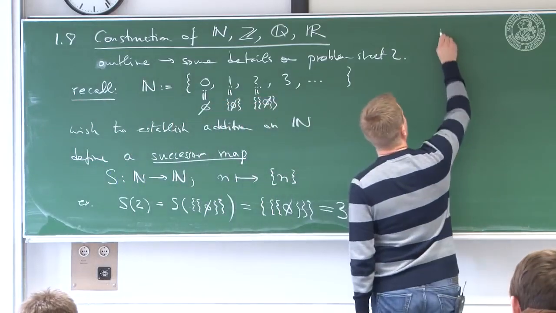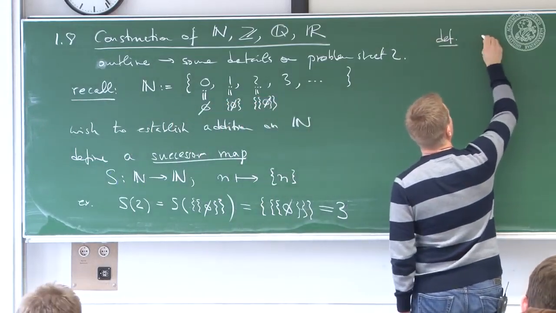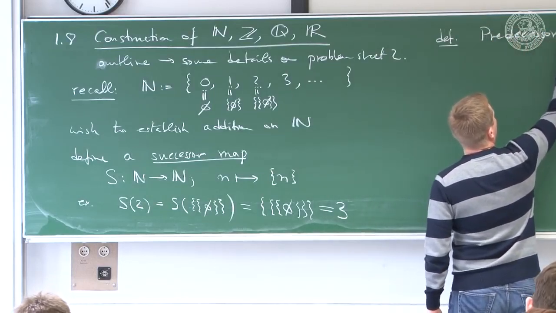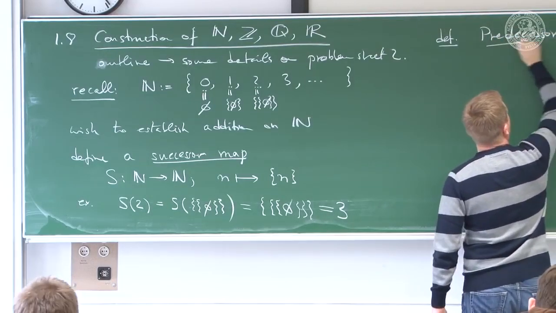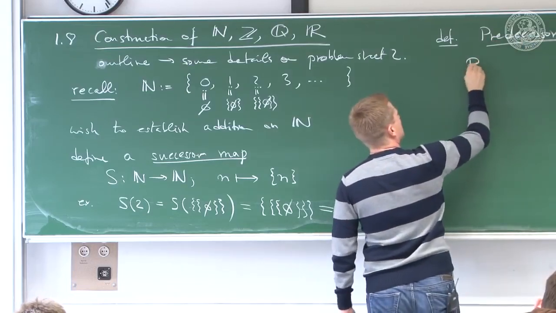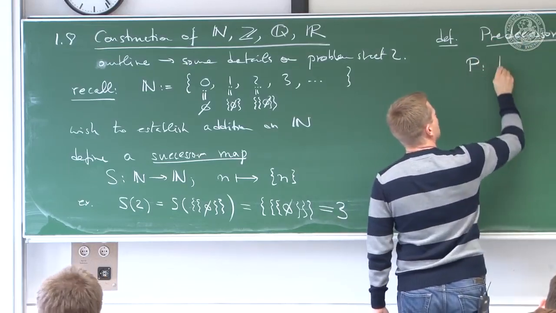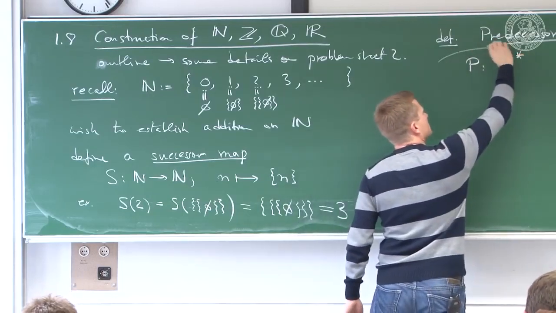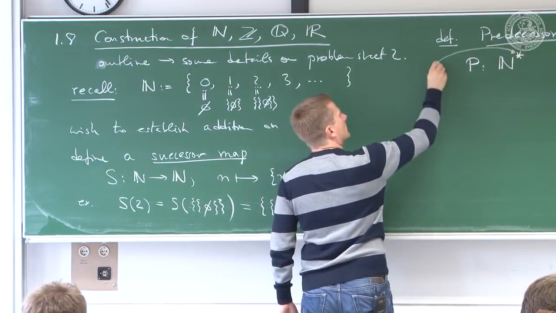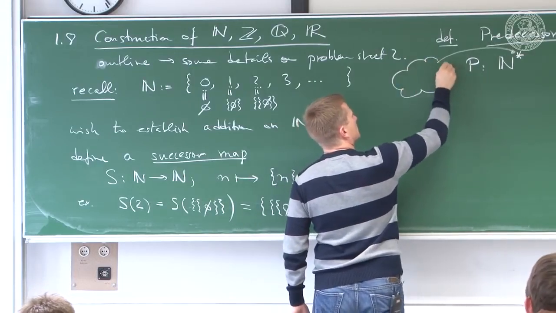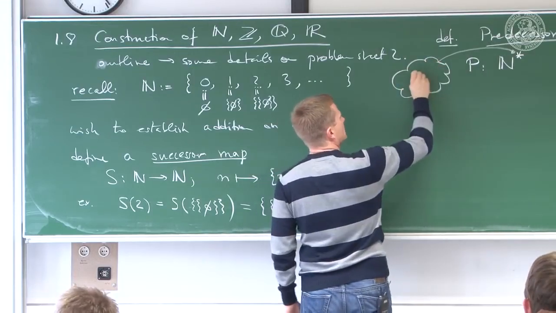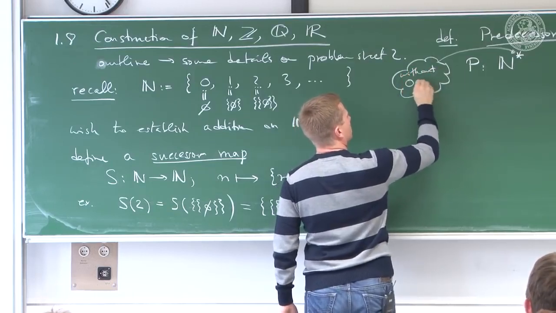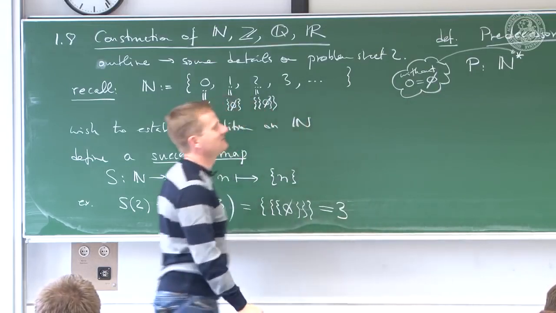Now, in order to make progress, we also need to define the predecessor map. Now, this map is P, and this map is only defined on N star. Star is, for any set that contains 0, star means without the 0 equals empty set.